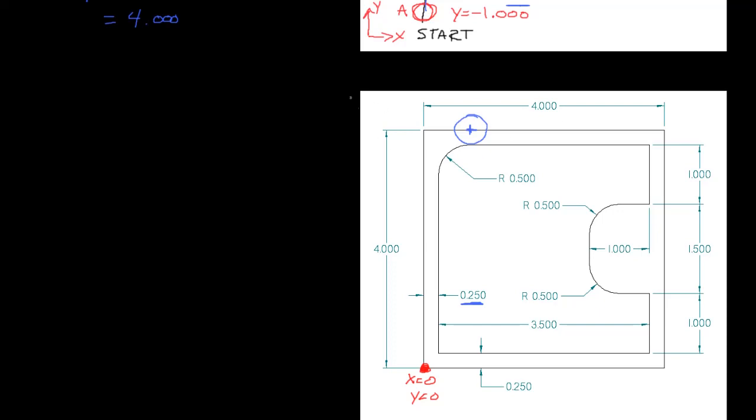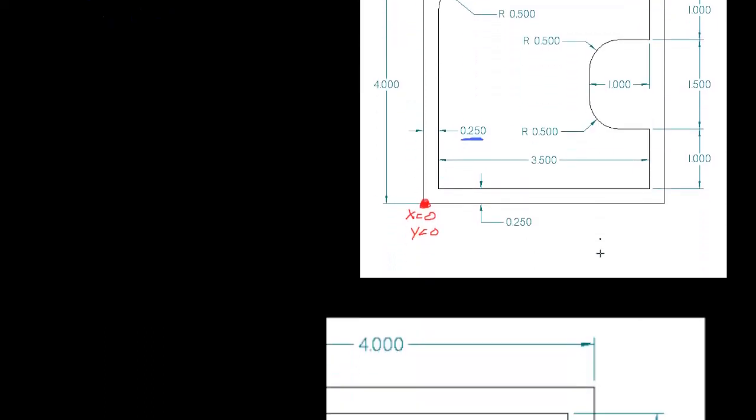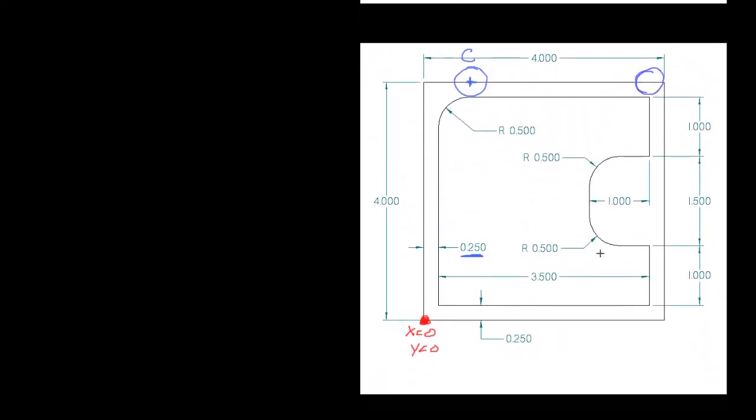Okay, so then this is point C, and the cutter is going to move to point D. All right, right there. Okay, so this one's hopefully an easier one. So this is point D. So D is going to move in a straight line from this point right here to this point right here.